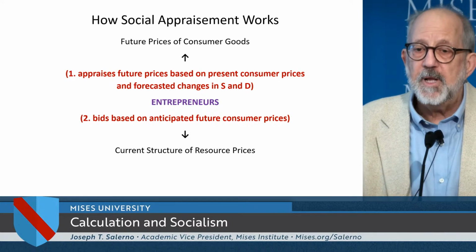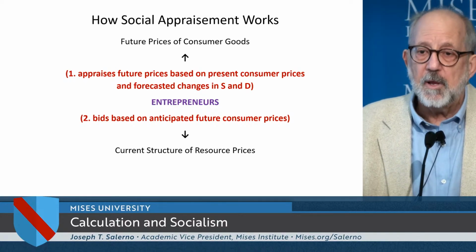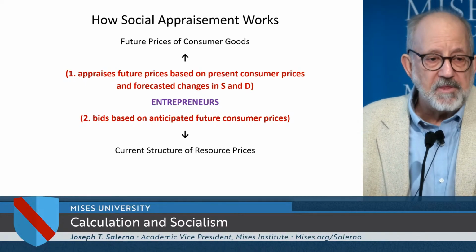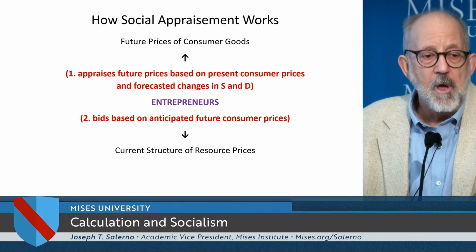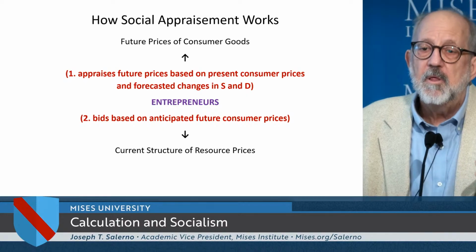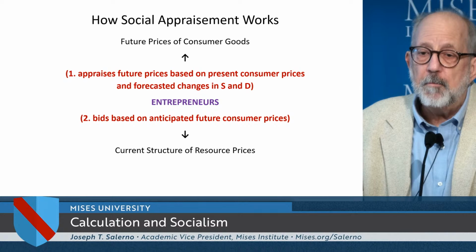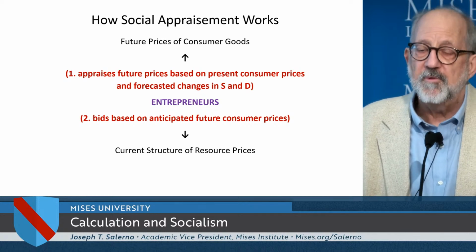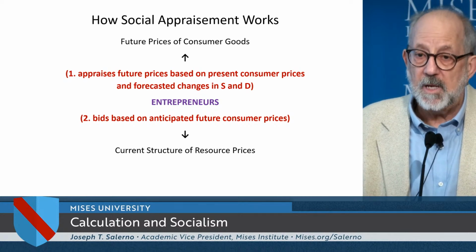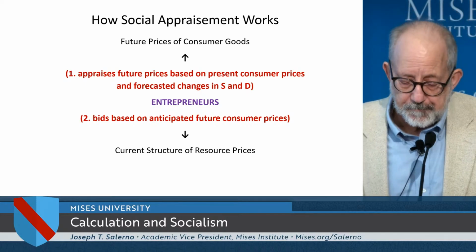And at the end of this bidding process, you have the costs that we all see and relate with, and then the quantities of goods that are produced. And eventually, when those quantities of goods come out in the next several months or years, the demand of consumers determines their prices. Some entrepreneurs may be right, others may be wrong. The ones that are wrong lose money, they suffer losses. The ones that are right earn profits.